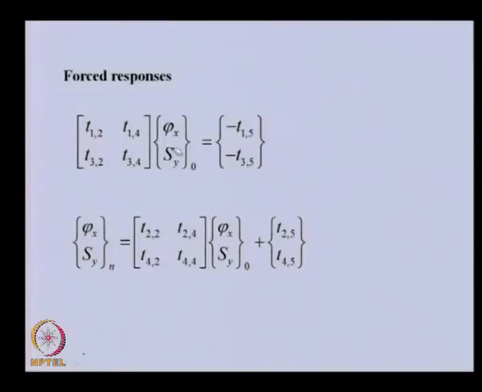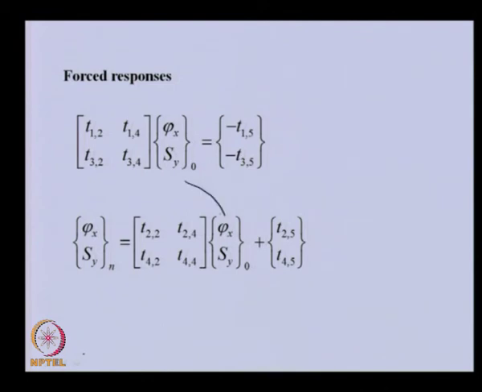If we want to solve the forced vibration, again we need to come back to the previous two equations which we obtained from the first and third row. So, here now we are not keeping this unbalanced force as 0. If we know this unbalanced force, we can obtain this vector, because they will be known now, because speed omega will be given, and we can invert this to get the state vector here at the 0 station.